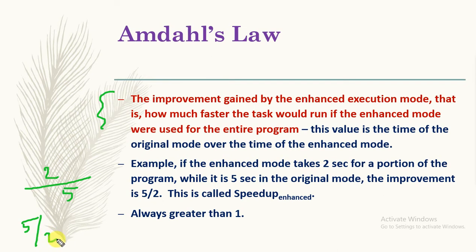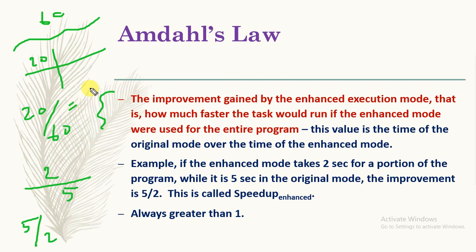As I mentioned about the fraction of enhancement, out of 60, 20 seconds is given enhancement, so the fraction enhanced is 20 divided by 60, which is less than or equal to 1.